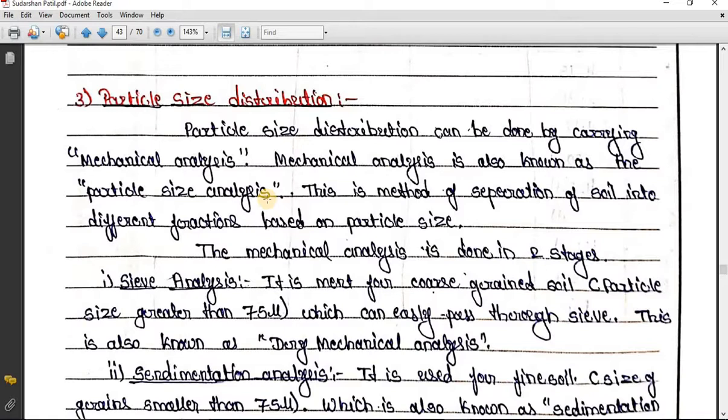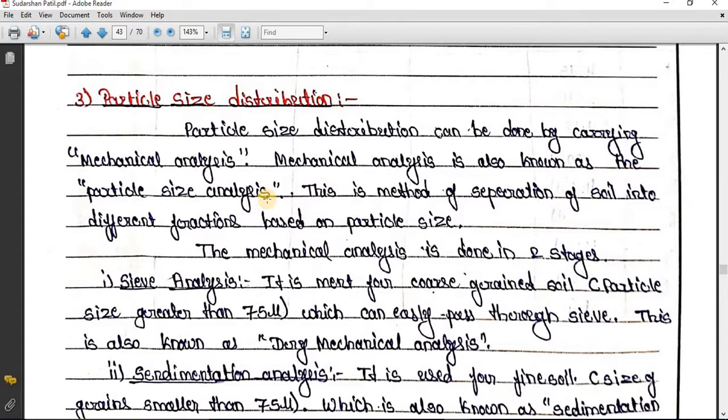So you can see, if I take fine grained soil, it contains all the particles whose sizes are less than 4.75 mm. In that particular soil, some of the soil particles have a size of exactly 4.75 mm, and below that some of the particles have sizes of 1 mm, 2 mm, 3 mm.